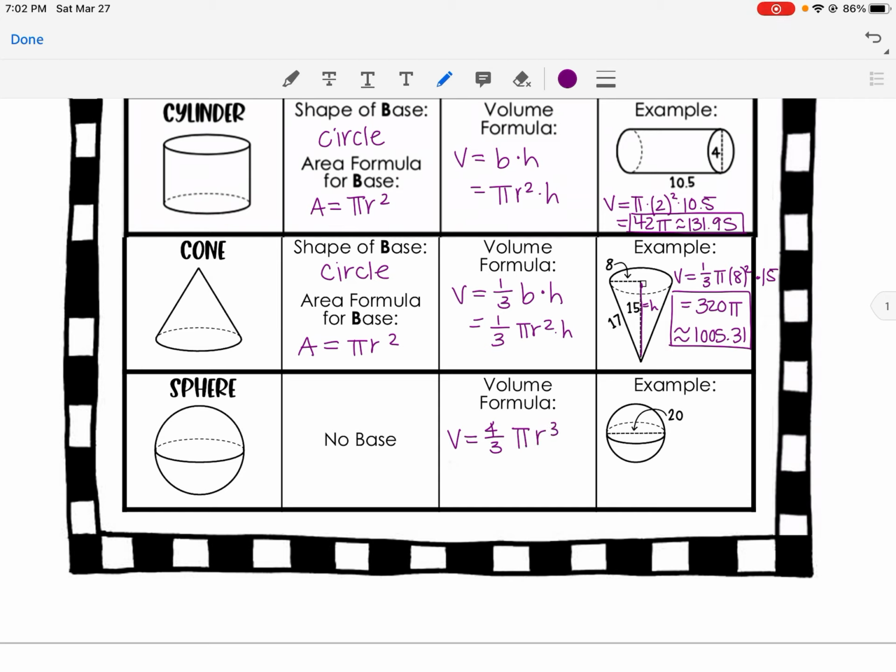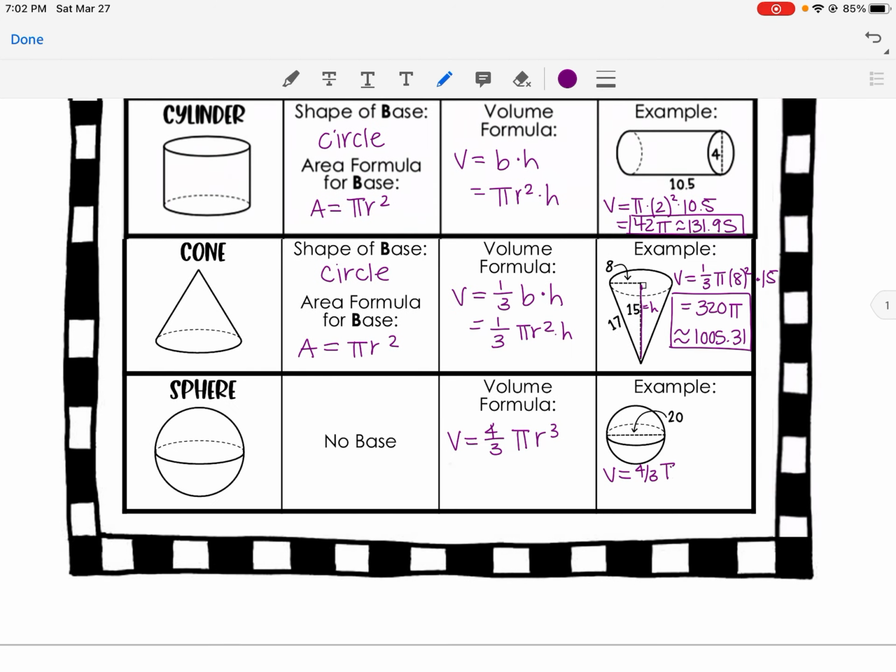So in this case, our volume is 4/3 pi and then 10 cubed. 10 cubed is 1,000, so we basically have 4,000 thirds pi, which is approximately, if I multiply that times pi, 4,188.79. Okay, so those are the formulas we're going to use today.